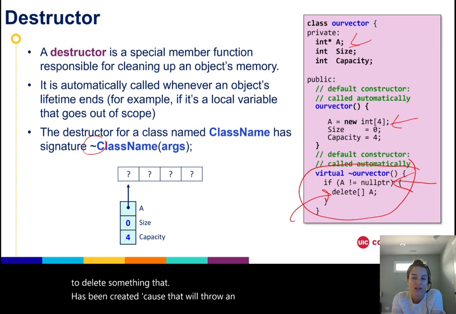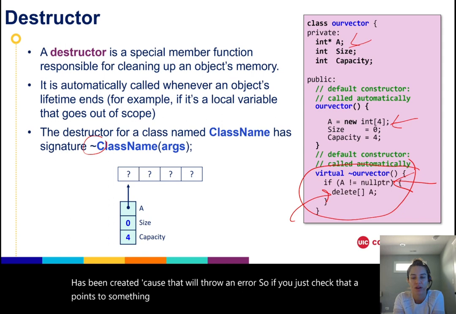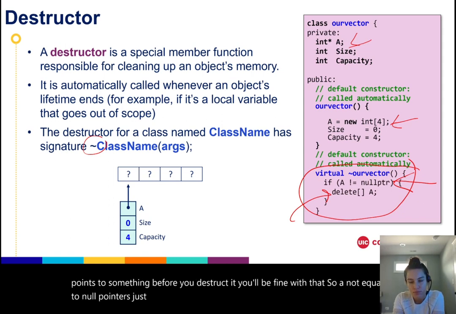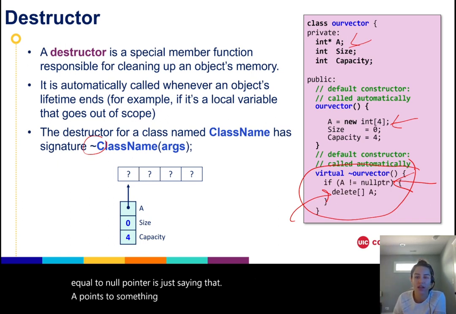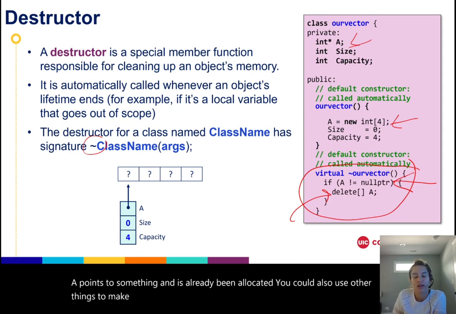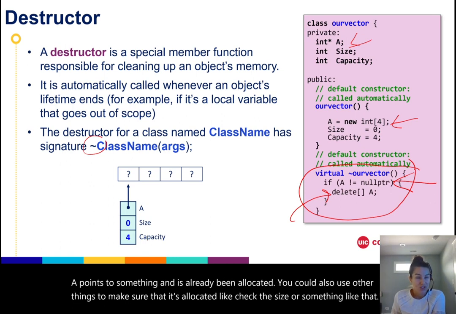If you just check that A points to something before you destruct it, you'll be fine. So A not equal to nullptr is just saying that A points to something and has already been allocated. You could also use other things to make sure that it's allocated, like checking the size. So that's how a destructor works.